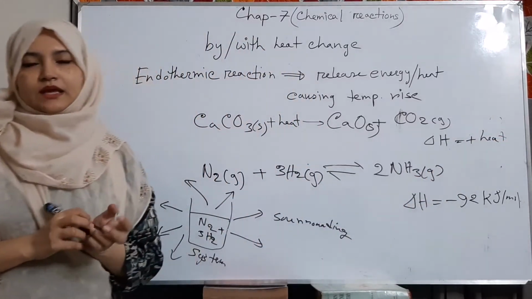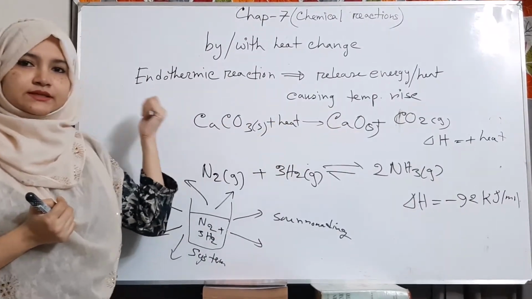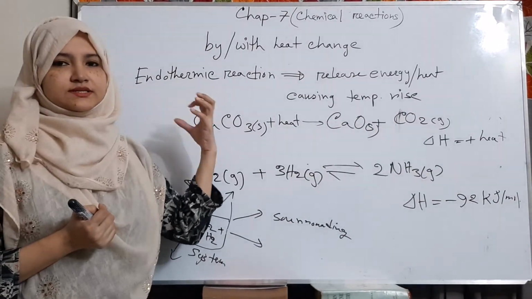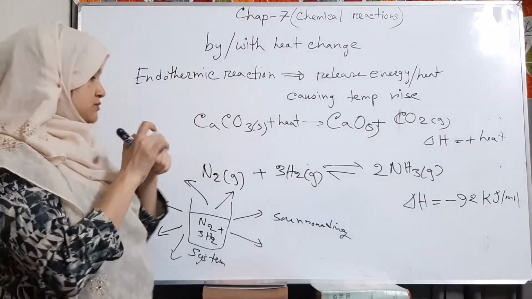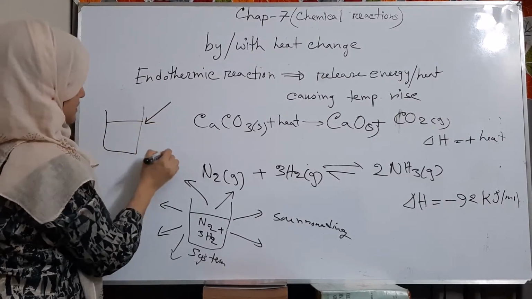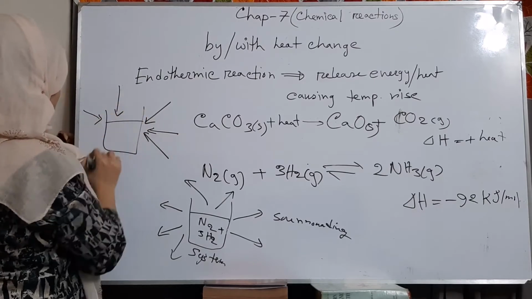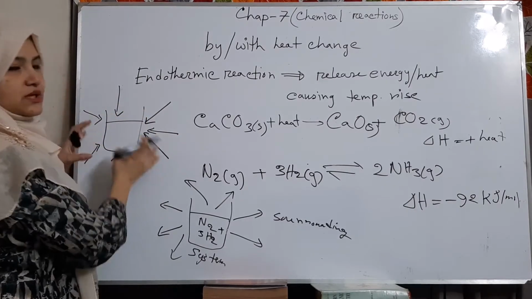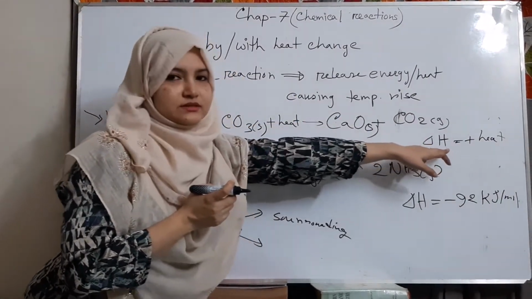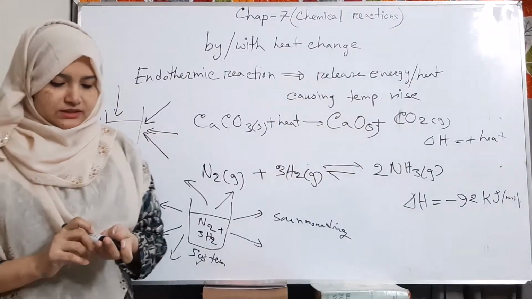This plus means that for an endothermic reaction, the heat energy is transferred from the surroundings to the system, from the surroundings to the chemicals. That's why the value of del H will be plus. I think it is clear.